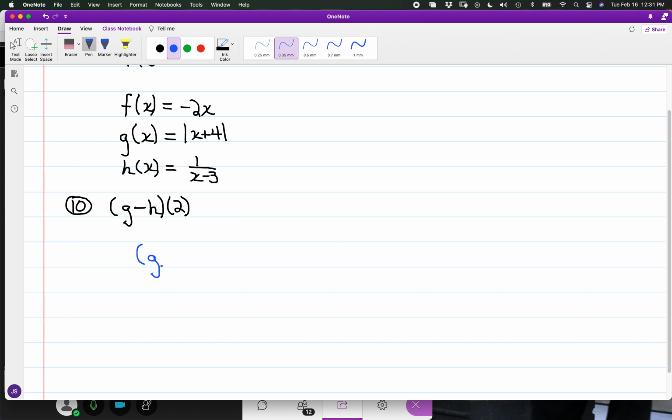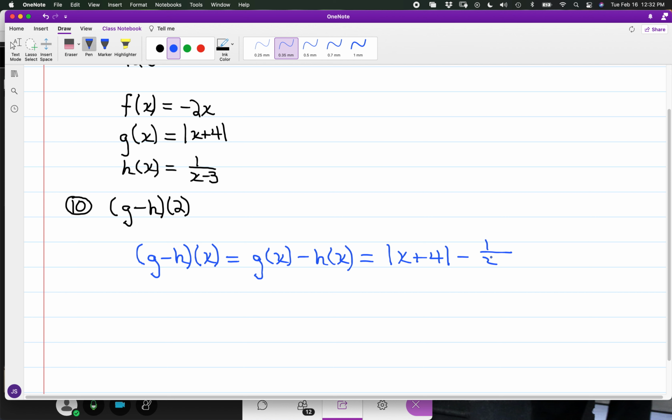Say if I had g minus h of x, again you have your difference function, and here we have defined by g of x minus h of x. And for g of x minus h of x, you have g of x, we have at the absolute value of x plus 4, and we have minus h of x, which we have to be 1 over x minus 3.